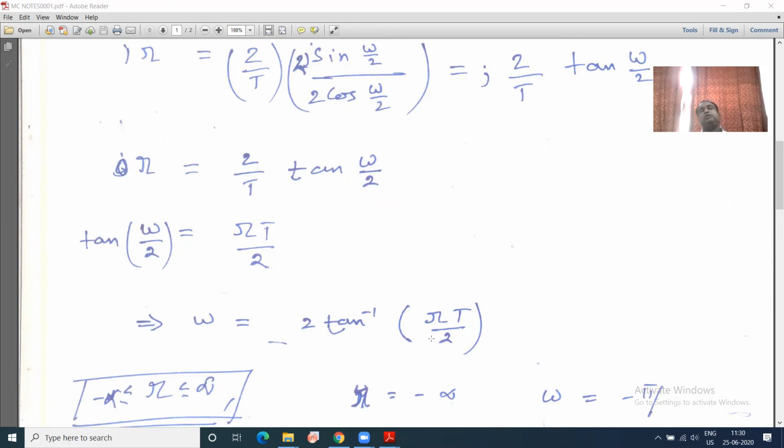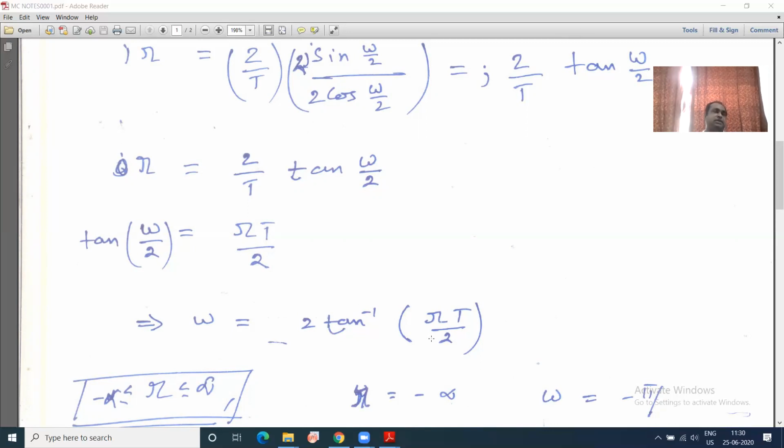So the limit of digital frequency is 0 to 2 pi, or we can write minus pi to pi. Nothing beyond that, because other than this 2 pi interval, your X of omega, the DTFT, will be periodic, meaning this will be repeated.